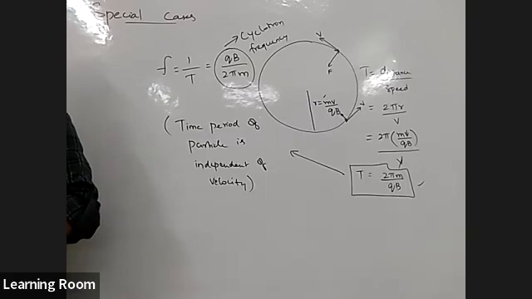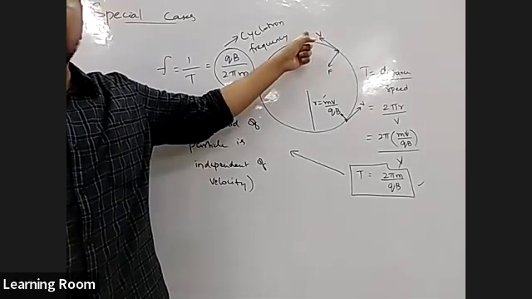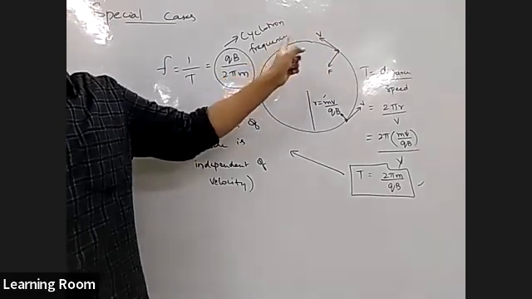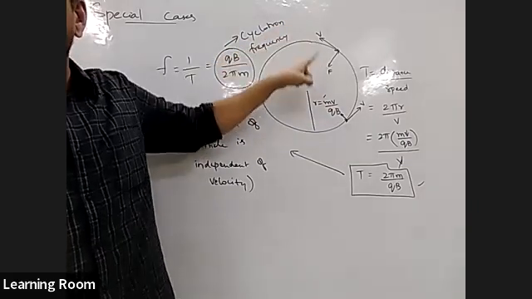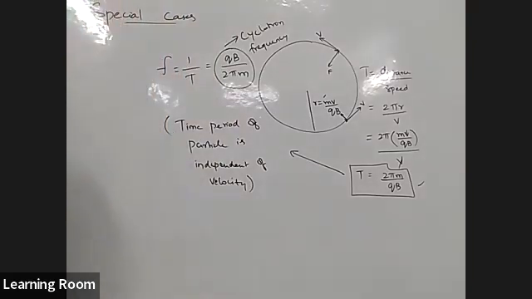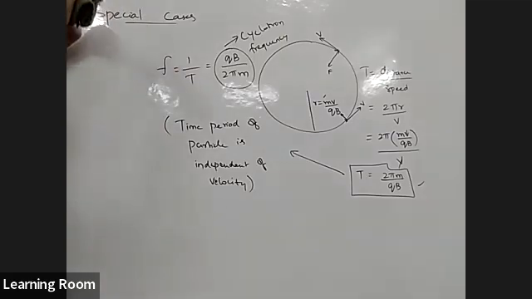In a uniform circular motion, the speed will remain constant but the direction will change. In non-uniform, the speed will also change, and the direction will also change. I'm mentioning all these points because in a case study they can ask these kinds of questions.